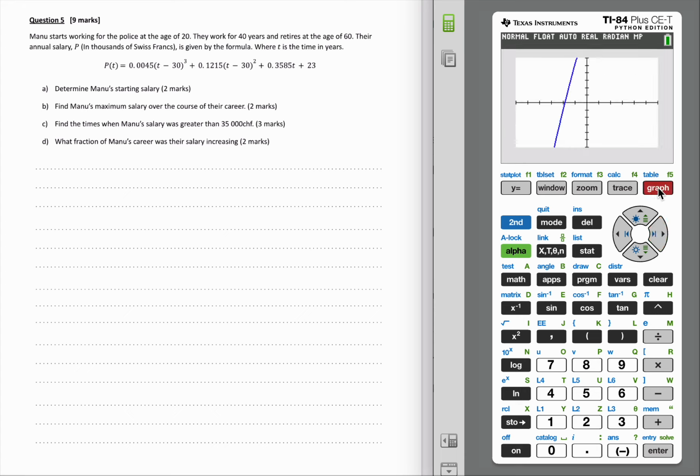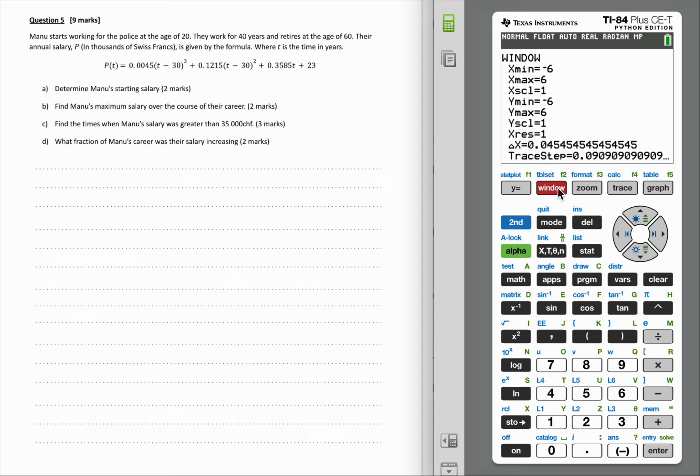Now, obviously at the moment, that doesn't look like I'm looking at the whole picture. That looks kind of like a linear line, and I can see that that's not a linear equation. So my advice would be, let's zoom out and see what we're looking at here. Now, if we're talking about salaries, we probably want quite large values. So maybe we should try, so it says here, when was his salary greater than 35,000?